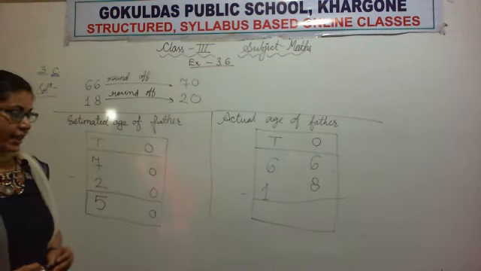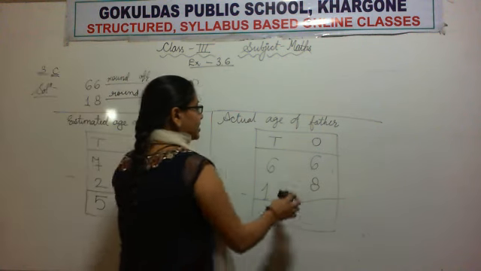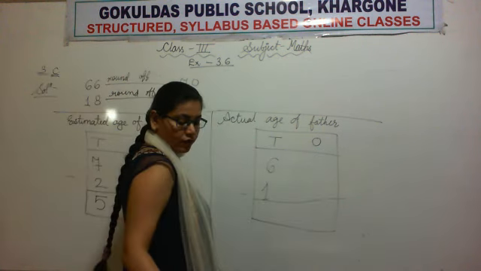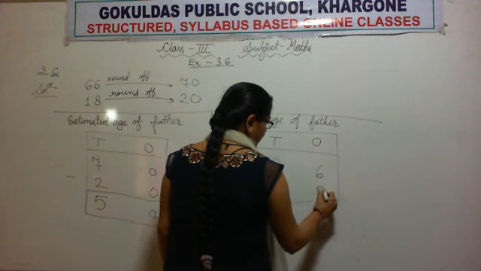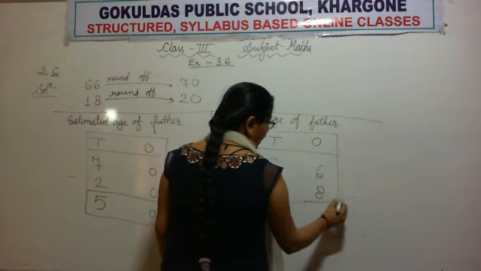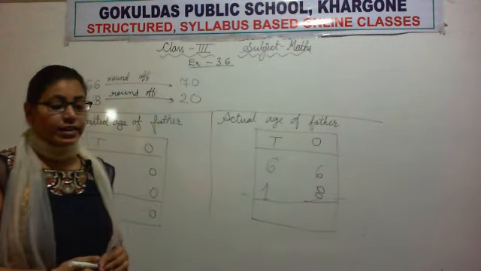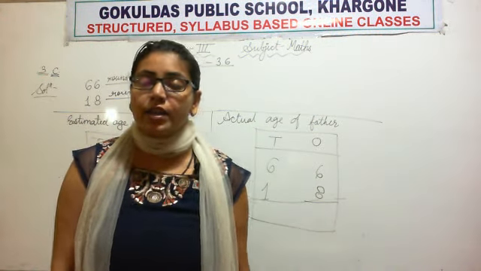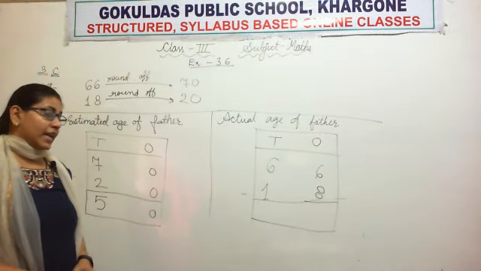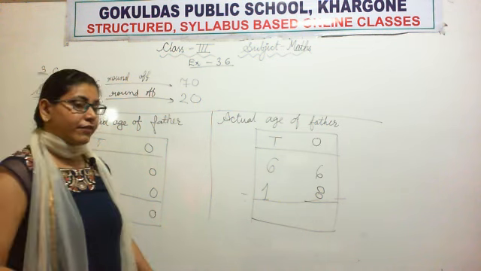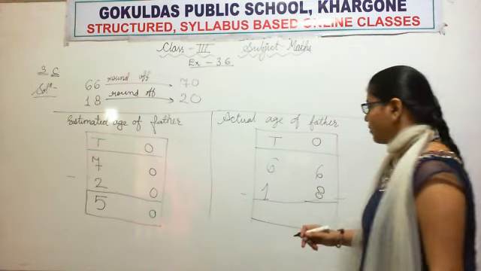6 minus 8. Can we remove 8 from 6? No. Why? Because we always subtract a smaller number from the bigger number, but 8 is the bigger number now. So what will we do? We will borrow.